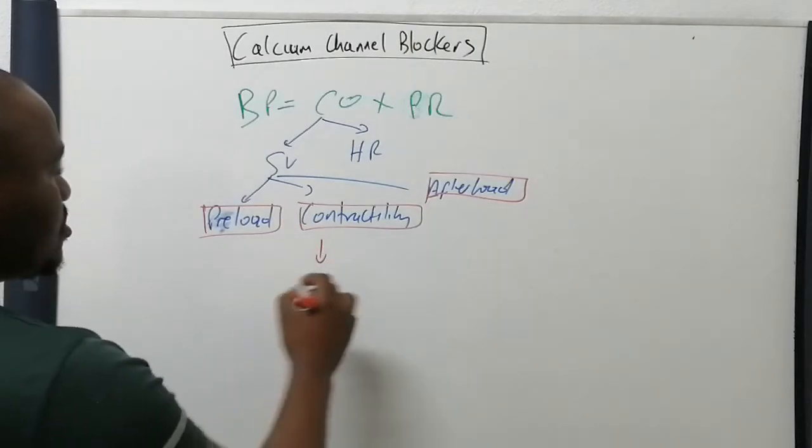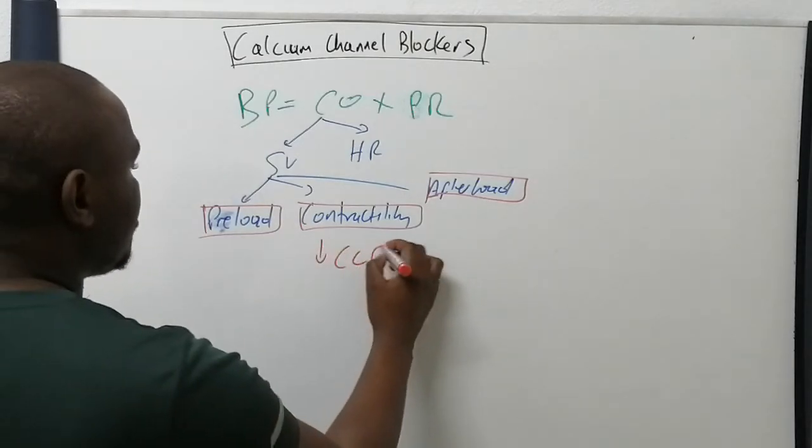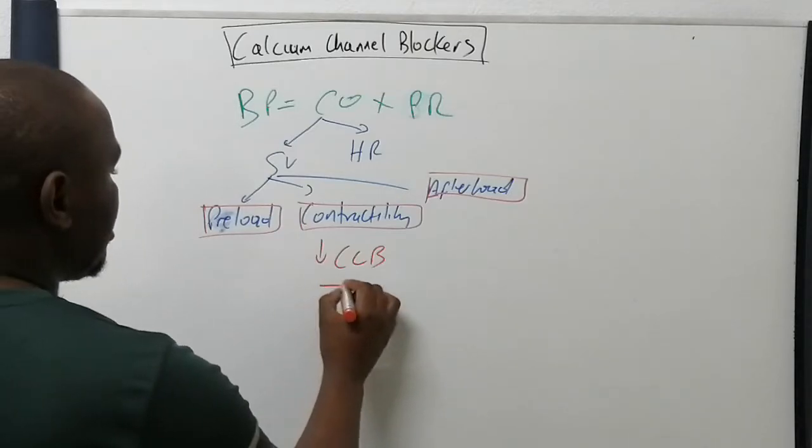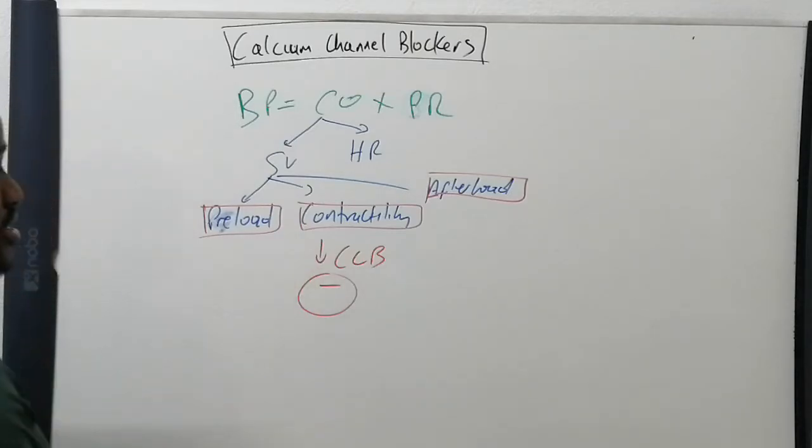So the drugs that we use are called calcium channel blockers or calcium channel antagonists, right? So now it's important to know how these drugs execute their antihypertensive function. So we need to understand that.